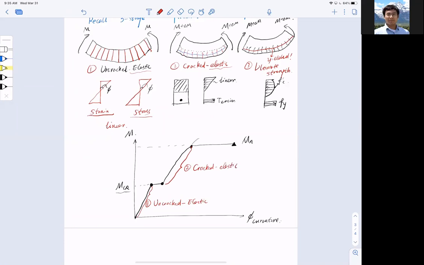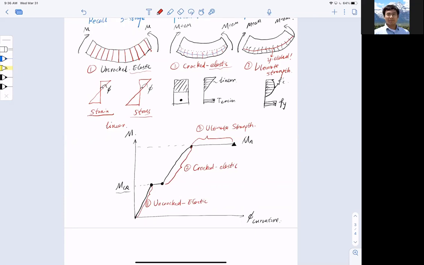And this is stage 3, ultimate strength. So that's how we label the 3 stages on this moment versus curvature curve.